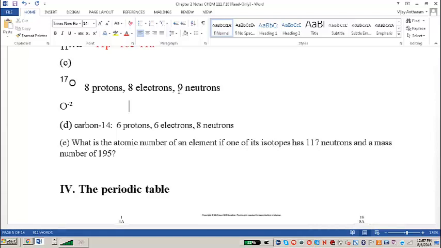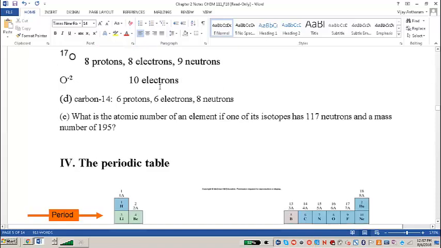All right, how did O become O minus 2? It gained 2 e minus. So when it gains 2 e minus, it becomes 10 electrons. The only difference between O-17 and O-17 minus 2 is that the minus 2 version is the ion version in which it has gained 2 electrons.